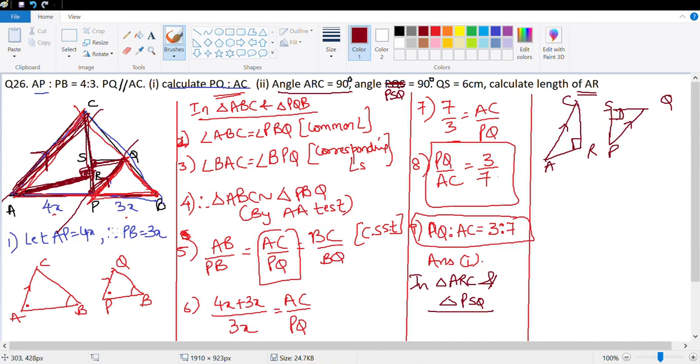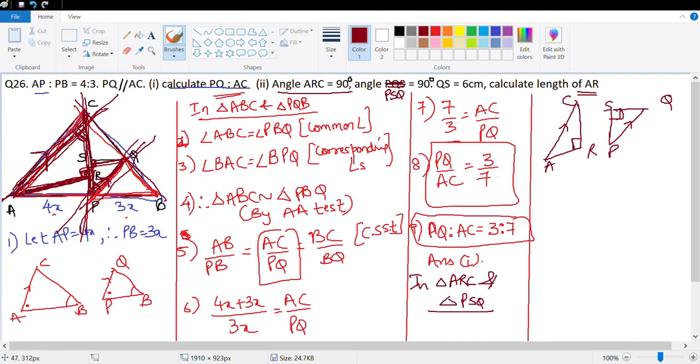If I look at AC and PQ as parallel lines and CQ as the transversal, no, it doesn't work. Any other angle which I can prove equal? Yes, if AC and PQ are parallel and I look at CR as the transversal, then I'll get this angle and this angle as equal because these are alternate angles.